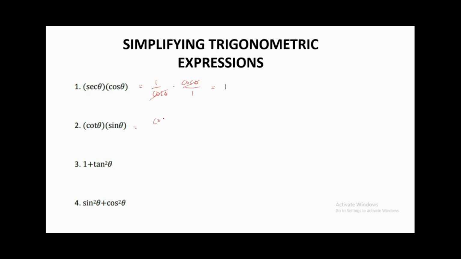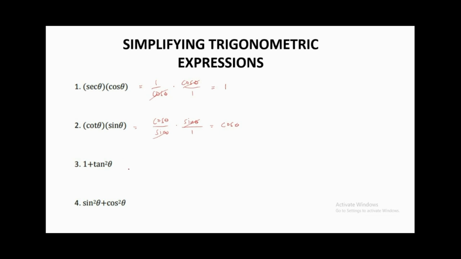So this simply means cosine theta over sine theta times sine theta. So we cancel this out, sine and sine. What is left is cosine theta. Therefore, cotangent theta times sine theta is cosine theta.